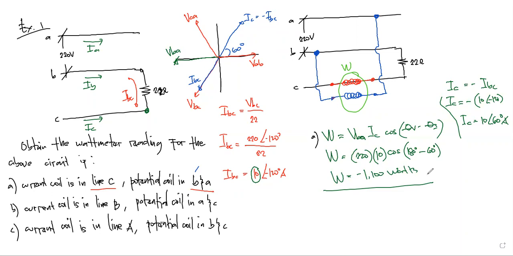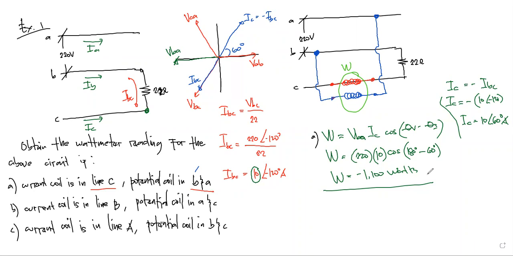The power drawn by the circuit is always positive, but because of the positioning of the wattmeter, it may indicate a negative. So that is not the power drawn by the circuit, it is just an indication of the wattmeter. The wattmeter with the position as indicated in A will have a reading of negative 1,100 watts.